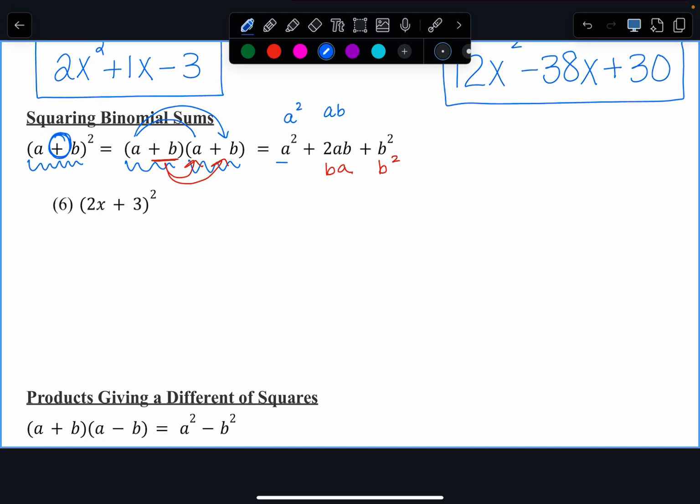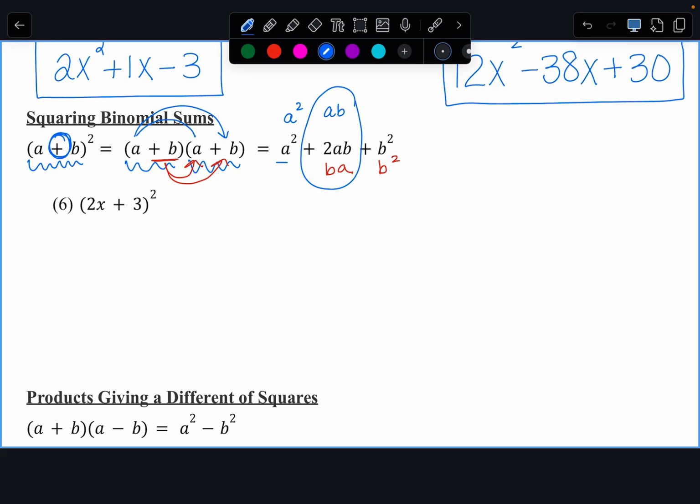Now, it doesn't matter what order ab or ba is in. It's saying that a and b are being multiplied together, and there's 2 of them. That's why it says 2ab, because you can see that there are 2 of those things being multiplied together. So it doesn't matter.